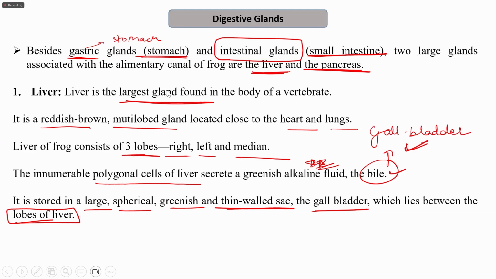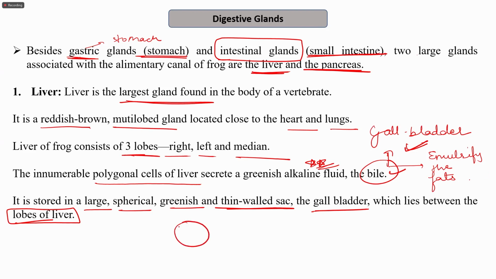So one of the largest glands found in the vertebrates is the liver. It secretes alkaline fluid, which is bile. Bile gets stored in the gallbladder, and the function of bile is to emulsify the fats. As such, we can say that bile does not carry out any digestion, but it is actually breaking down the food into smaller parts.